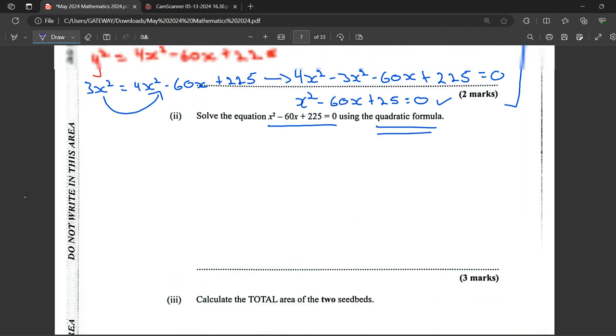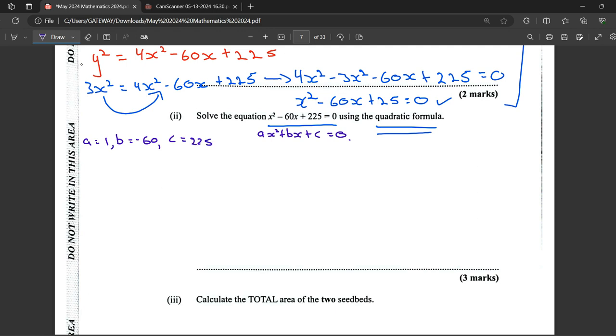So as we can see, this is the form ax squared plus bx plus c, and that's equal to 0. So in this case, a is equal to 1, b is equal to negative 60, and c is equal to 225.